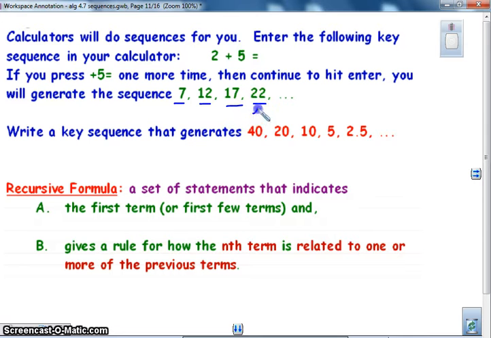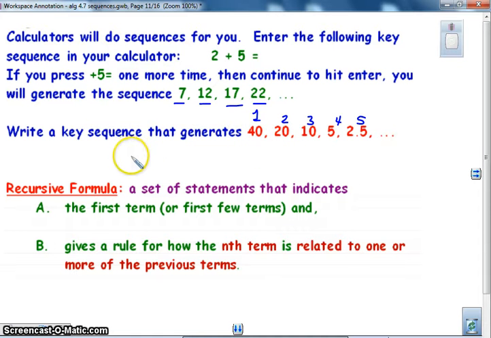If we think this is our first term, our second term, our third, our fourth, and our fifth term as we continue. Now, I want you to think about this a few minutes. There's a couple of different ways of coming up with this. The easiest one is, whatever the first term is, what does it look like we're doing to get the second one?